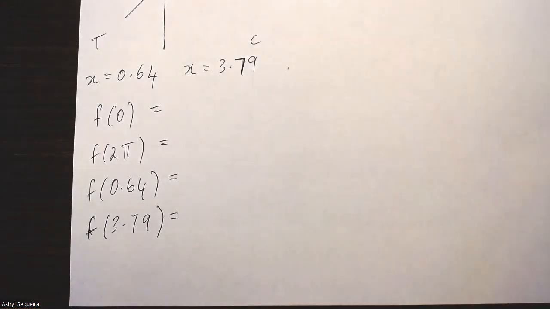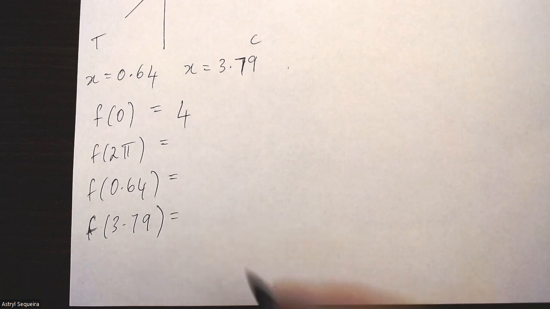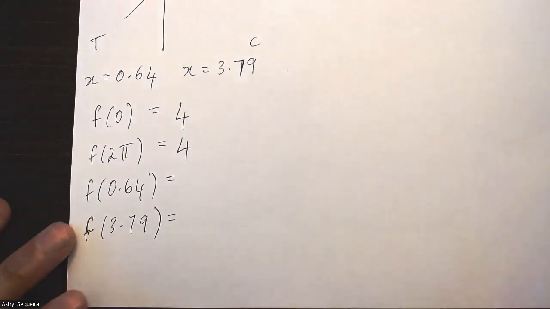I'm testing in the original equation. I'll start with 0. So 3 sine 0 plus 4 cos 0 is 4. 3 sine 2 pi plus 4 cos 2 pi is also 4.